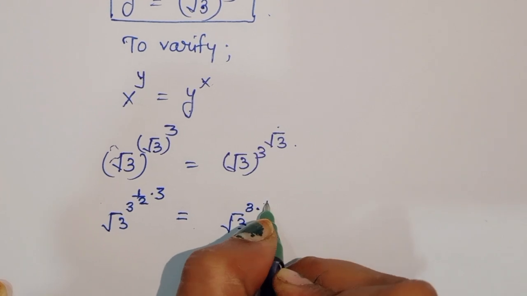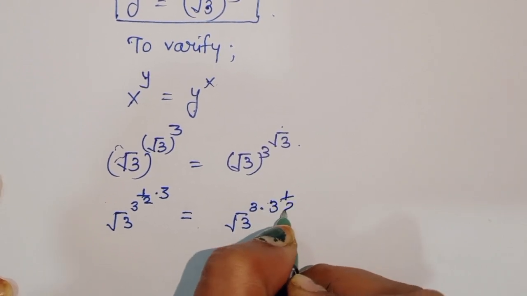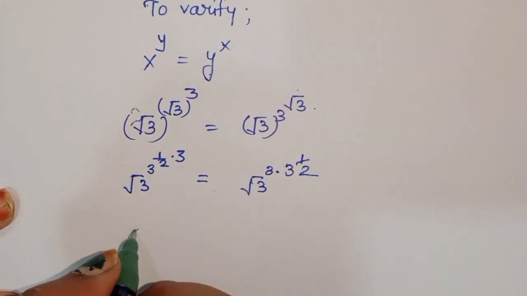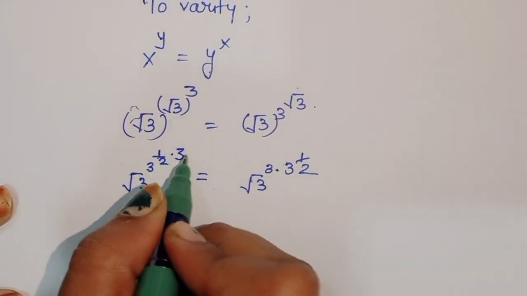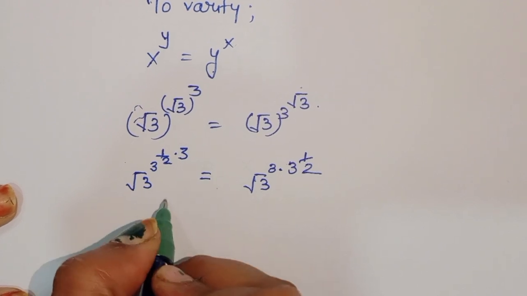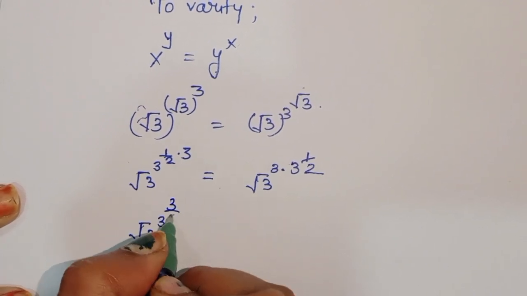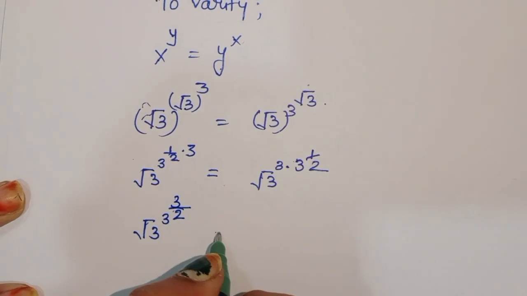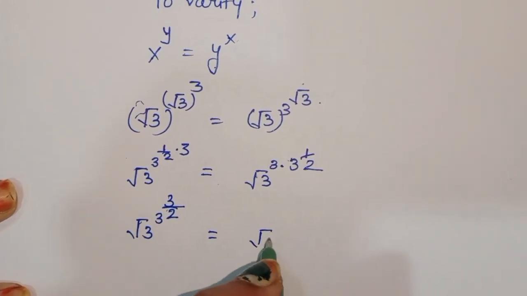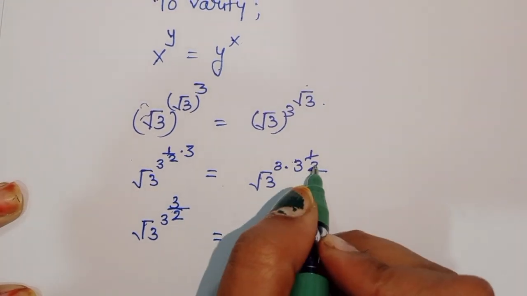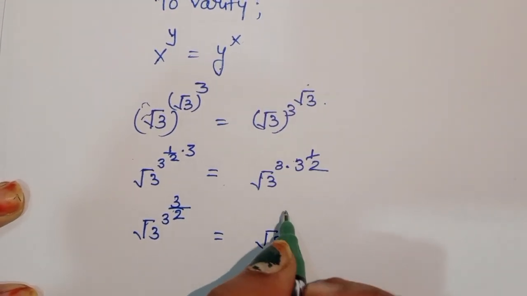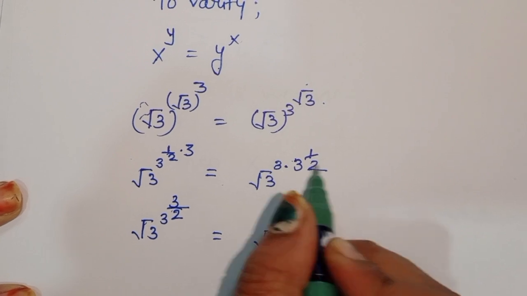So we can write square root of 3 raised to 3 by 2 is equal to square root of 3 raised to, taking the LCM, 3 by 2.